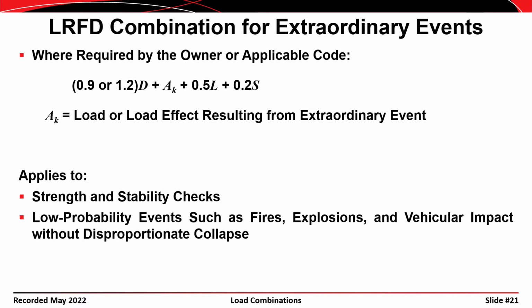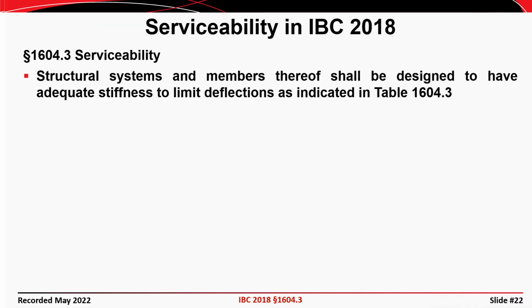So these load combinations tend to look like the seismic load combinations, either 0.9 or 1.2 times dead, plus 0.5 times L, plus 0.2 times snow, and then you include this A sub K, which is the load effect that you're designing for. So if you're designing for a vehicular impact, then A sub K would be the force imposed on a member due to the vehicle impacting the structure. If you're designing for blast, then somehow you would quantify the member force due to that blast loading.